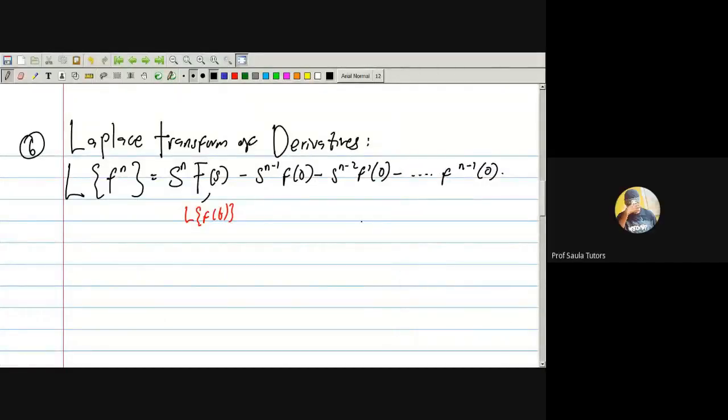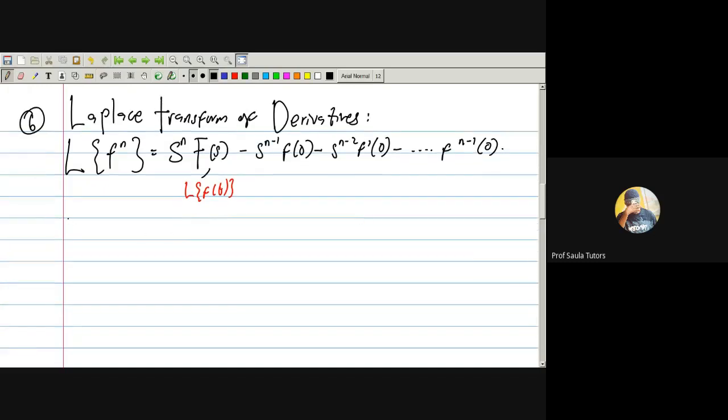Now let me explain this thing for you. Pay attention. If you cram this one, you can make errors. Let me teach you something. For example, you want to find the Laplace transform of the fourth derivative. How do you do it? Let me write this in a notation that is easy.